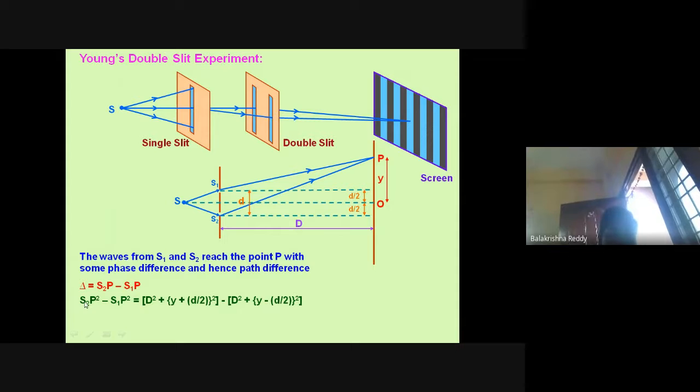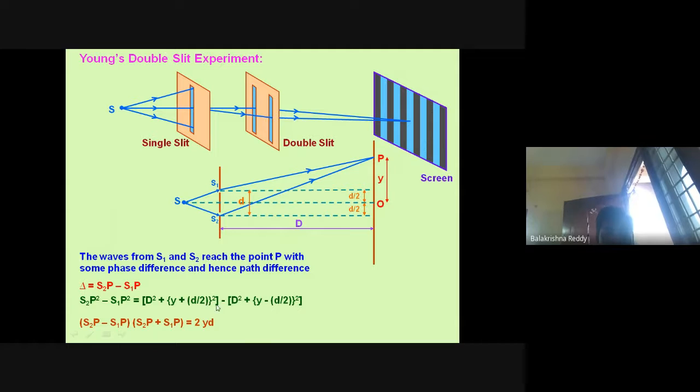Since I know S2P square minus S1P square is this, how do I simplify it? Since minus d square cancels, y minus y cancels, and d by 2 how it changes. You can write here, this is a plus b whole square, a minus b whole square.